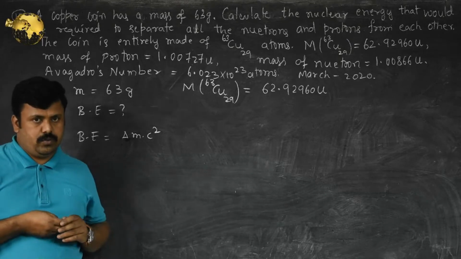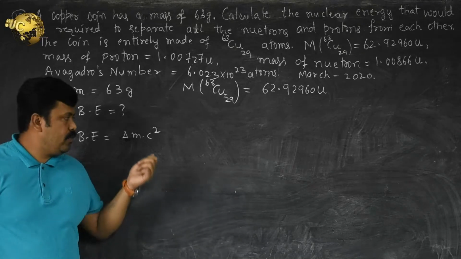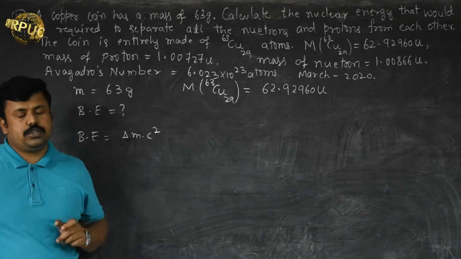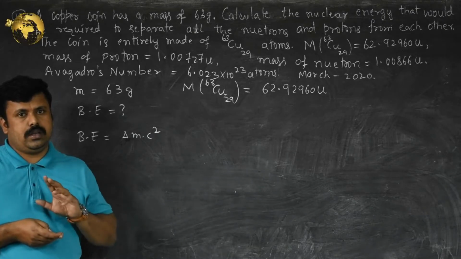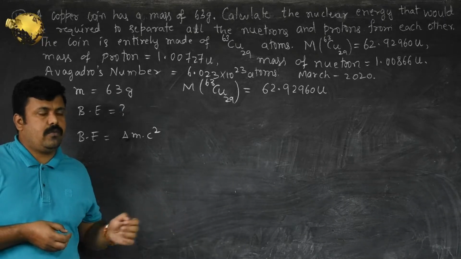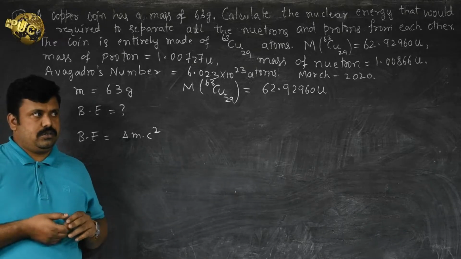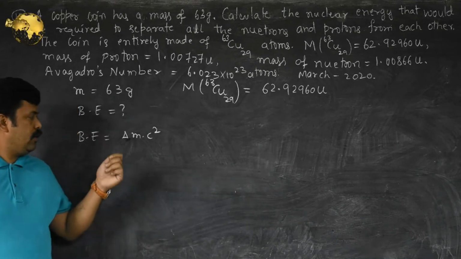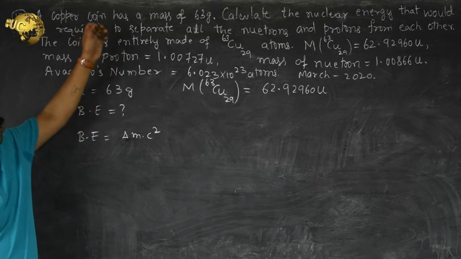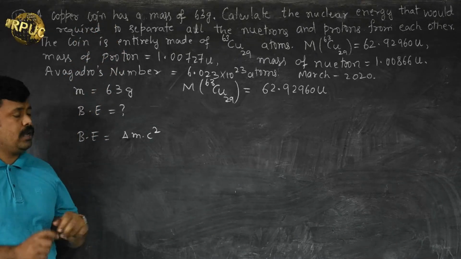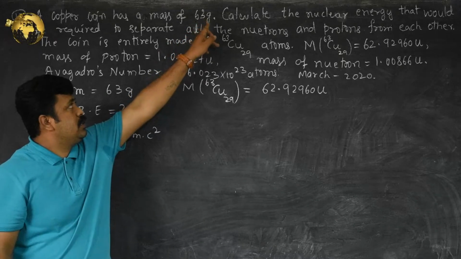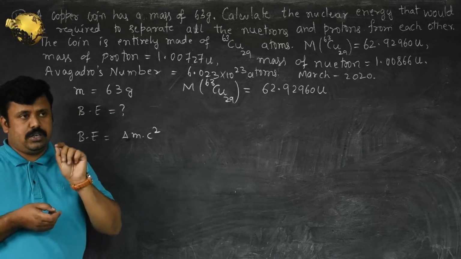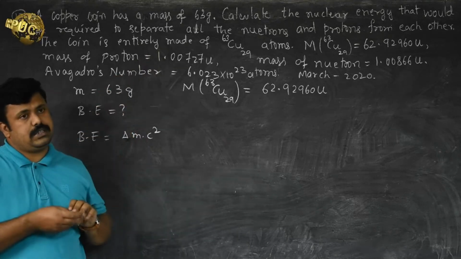Here one extra thing we need to do is, earlier we were calculating binding energy for one atom, for example the alpha particle, oxygen case, nitrogen case, one atom. But here we have a copper coin, and the mass of the copper coin is 63 grams. It's not a single atom.